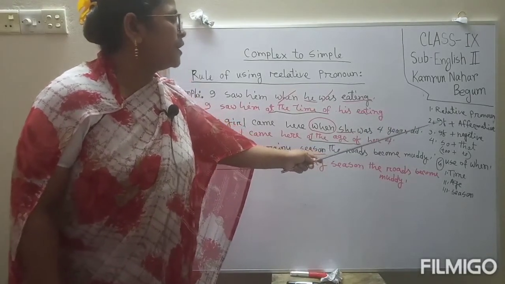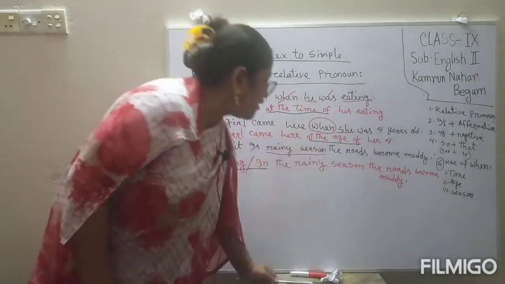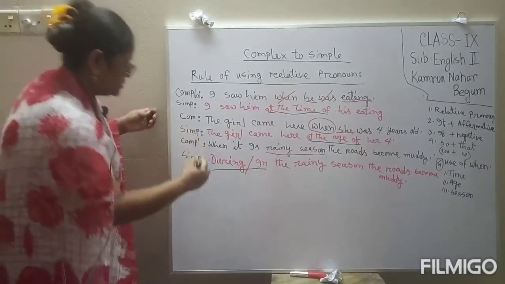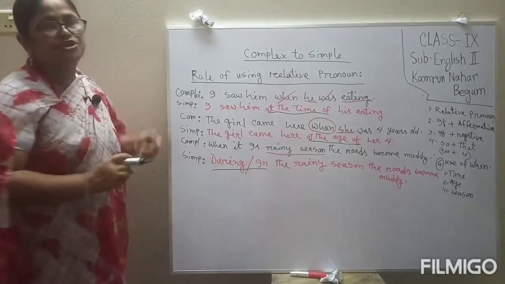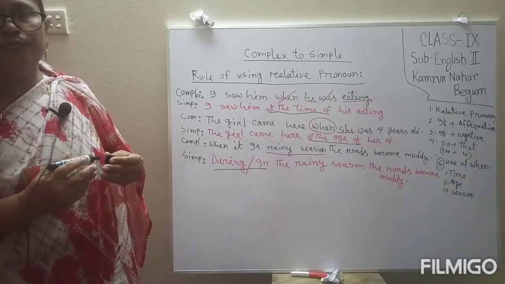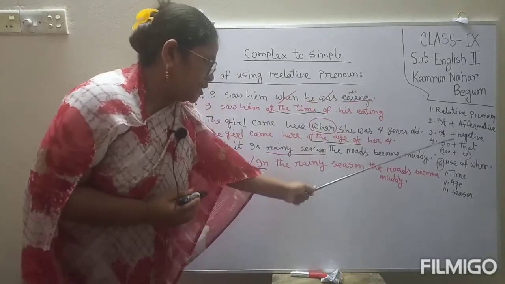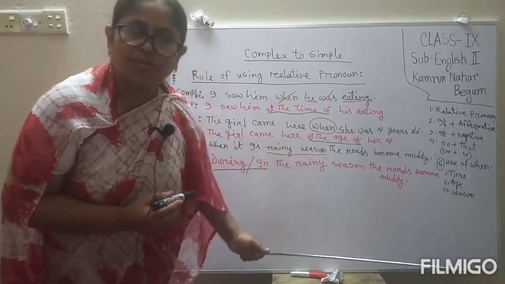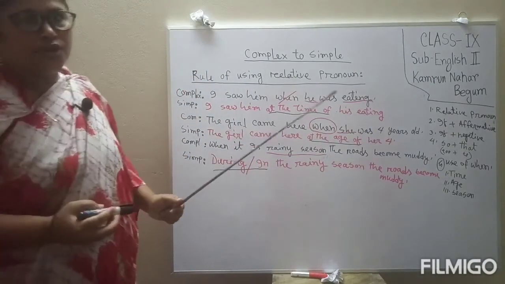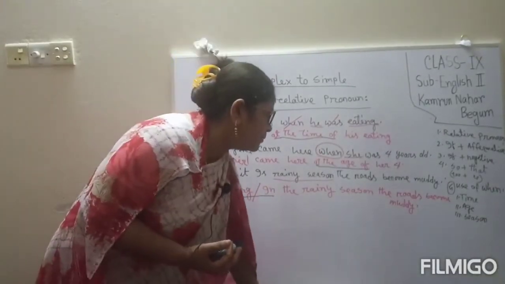Now, it's very easy. If you get a sentence having if plus affirmative, you can turn it simple using by plus adding ing with the main form of verb. And if you get a sentence containing if plus negative mode, then it will be changed into simple using without plus adding ing with the main form of verb.